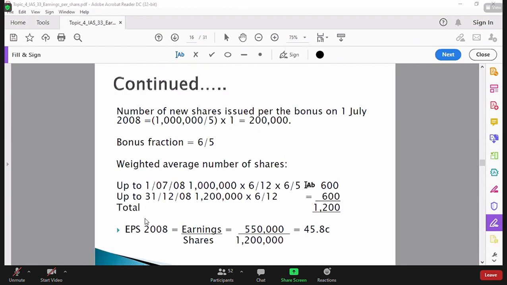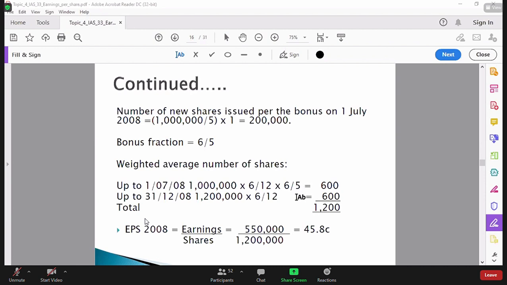So 550,000 divided by 1,200,000, you will get 45.83. Sorry, 0.8. Do you get it? Then you make the comparison.